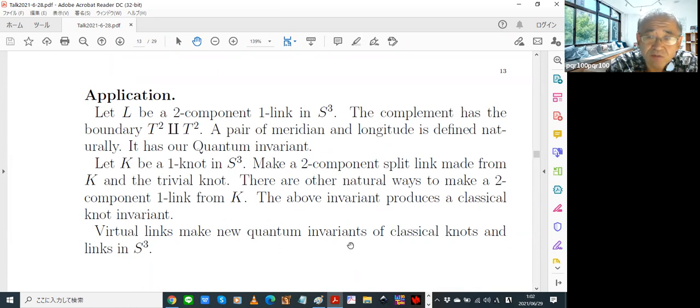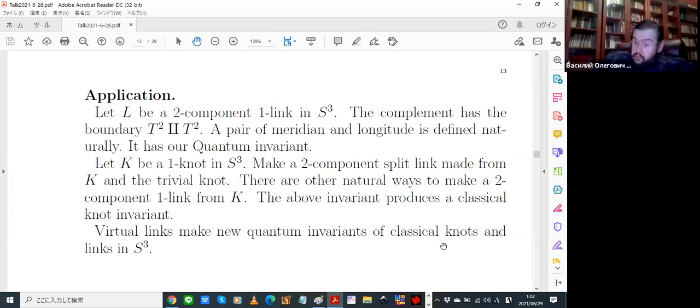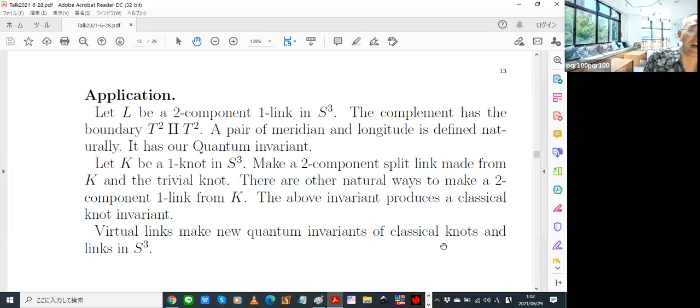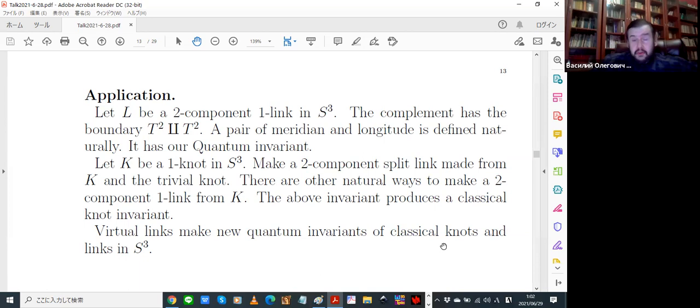We use virtual knots and make new invariants of classical knots in this case. Okay, and that way it will be really great. So do you have any examples? Have you calculated any examples? Oh no, no, I'll do that. But you see, this idea is really great.